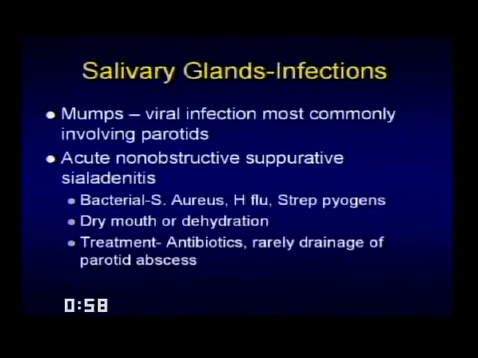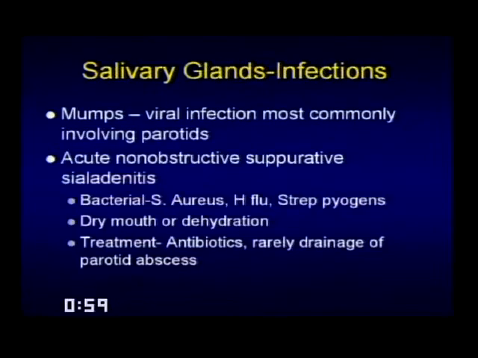Talking about infections, which can sometimes be surgical, but rarely. Mumps, something we don't see very commonly due to the immunization process, is a viral infection involving the parotids. Acute non-obstructive suppurative sialadenitis is usually due to bacteria: strep, staph, and H. flu. Dry mouth and dehydration will contribute to this, and you'll see this in your patients sometimes after general surgery.